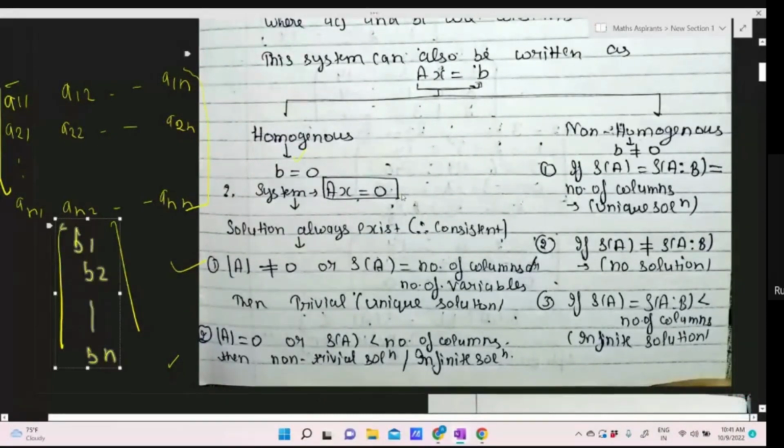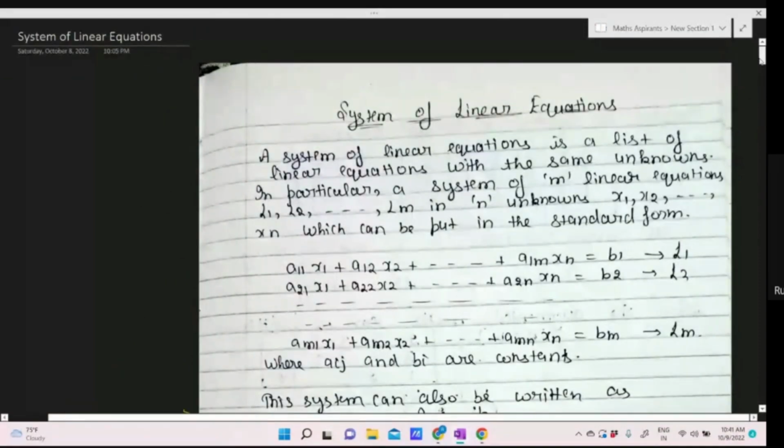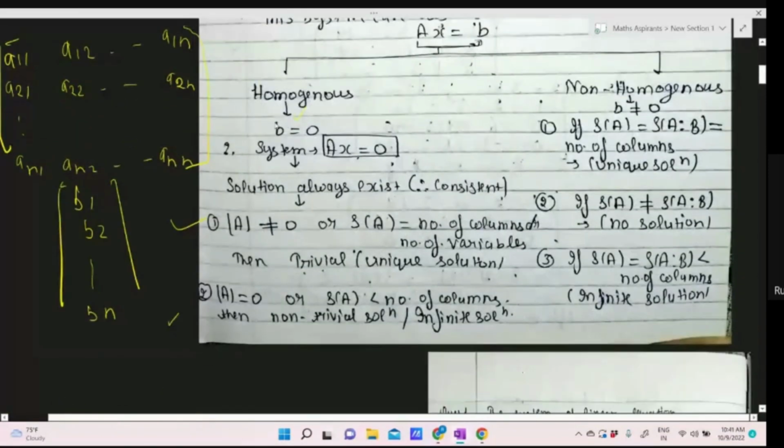We will discuss what is A augment B. Here A augment B is equals to a11, a12 and so on a1n, b1, a21, a22 and so on a2n, b2, and so on. This is the augmented matrix.